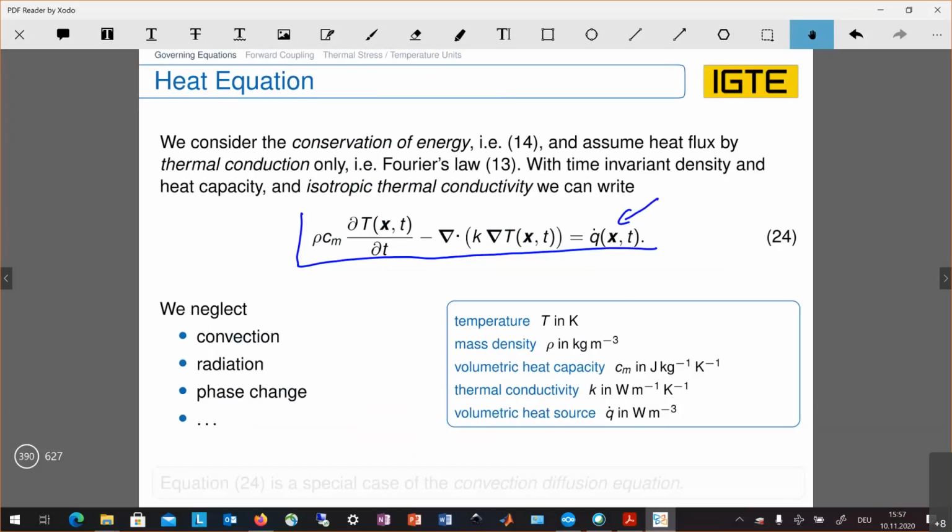And in a coupled computation, we have to take into account in the computation of the electric potential that the electroconductivity also depends on temperature. Okay, so let's see in our case that we know already our volumetric heat sources, which are the Joule's losses, and we have discussed how to solve this heat equation.